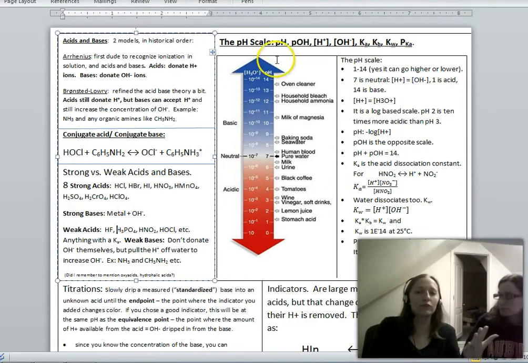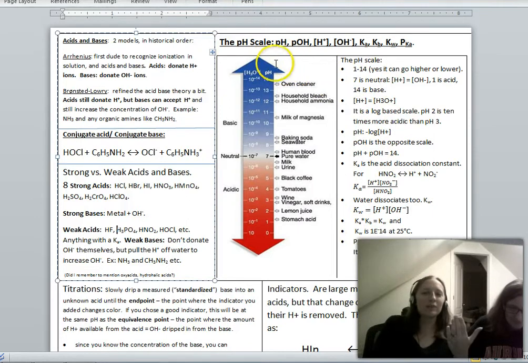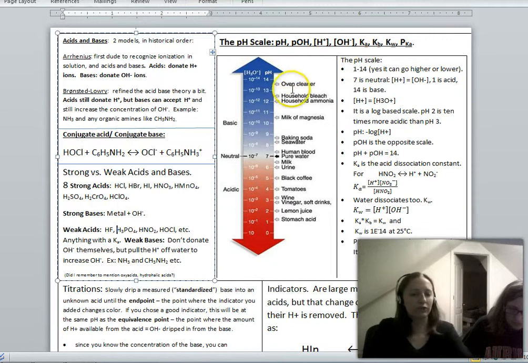If you've been given the H+ here in the box, square brackets. I'm going to have to run down this bulleted list and see what I've missed. If you're talking about your hydroxide ion concentration, it's actually flipped.